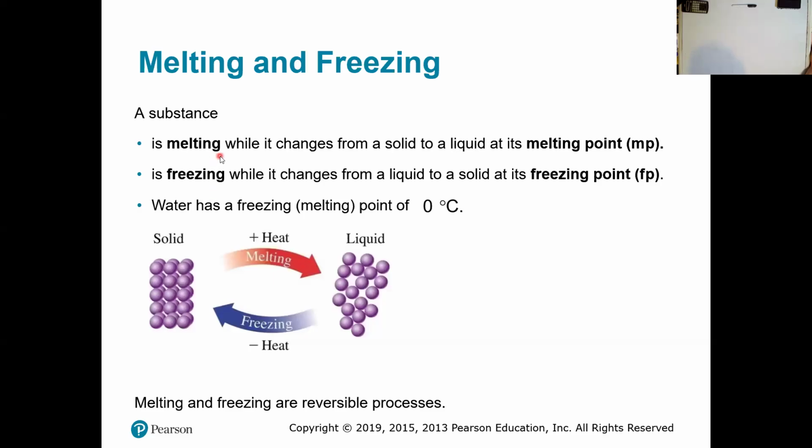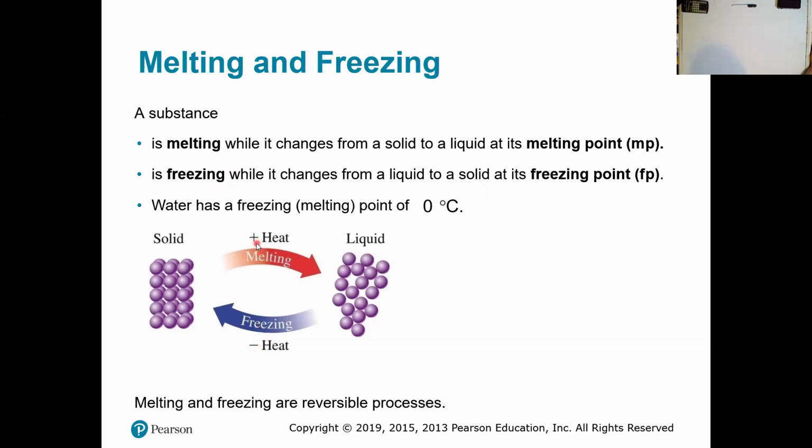The temperature where melting happens or where freezing happens is the same temperature. This is called the melting point or the freezing point. What determines whether melting happens or freezing happens is whether heat is being added or heat is being removed.